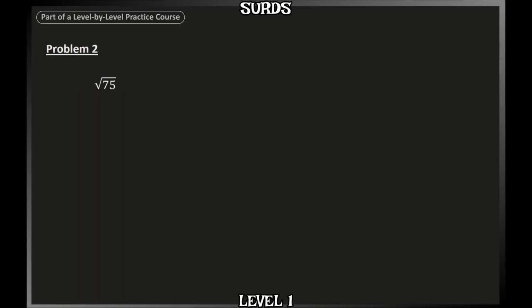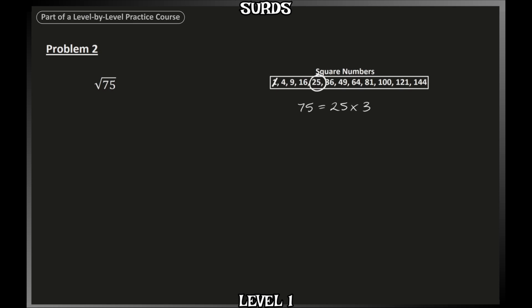In problem 2, we're simplifying the square root of 75. Again here we'd like to find two numbers that multiply together to make 75, where one is a square number. Now looking at our list of square numbers greater than 1, we can see that 25 is a factor of 75, because 75 can be written as 25 multiplied by 3, and 25 is the largest factor on that list.